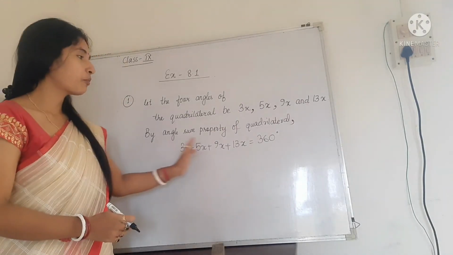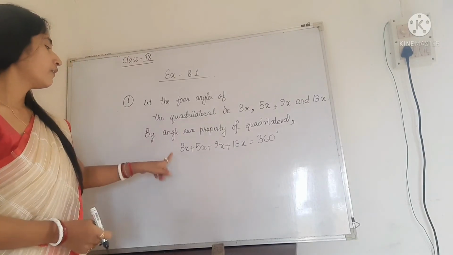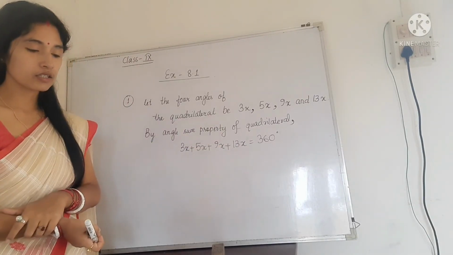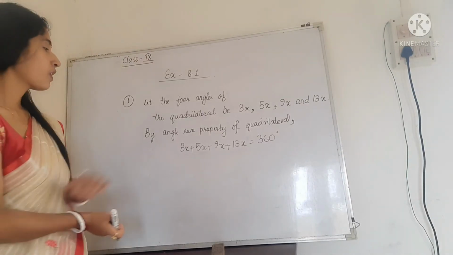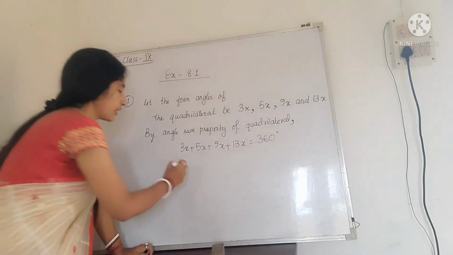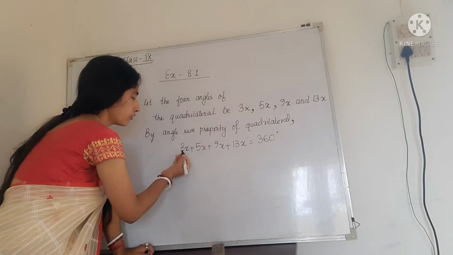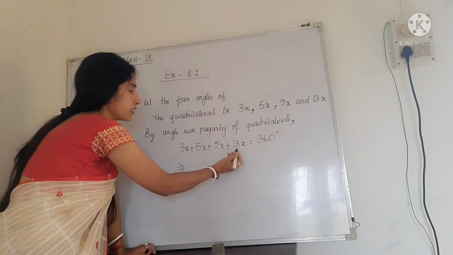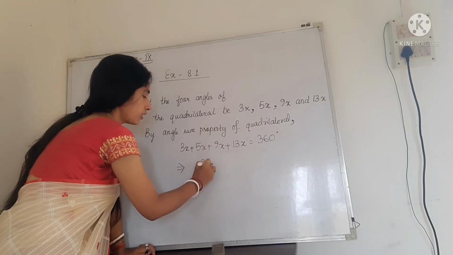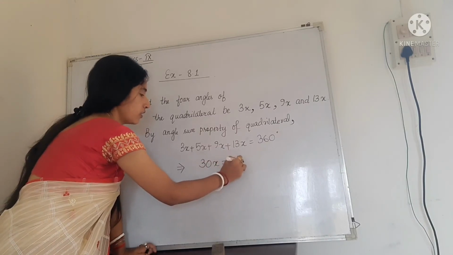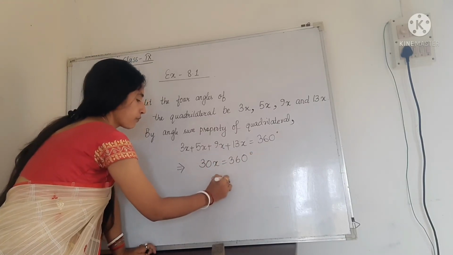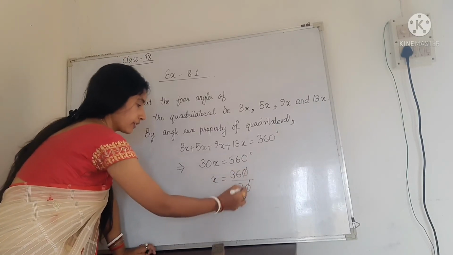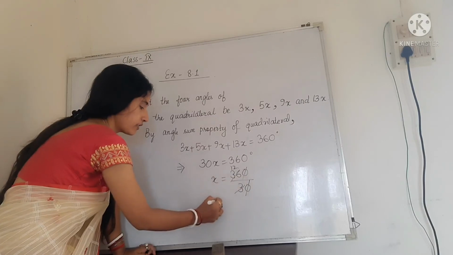Using the angle sum property of a quadrilateral, we can write 3x plus 5x plus 9x plus 13x is equal to 360 degrees. After solving this, 3 plus 5 is 8, 8 plus 9 is 17, 17 plus 13 is 30. So 30x is equal to 360. Now after solving, we get the value of x, and the value of x is 12.